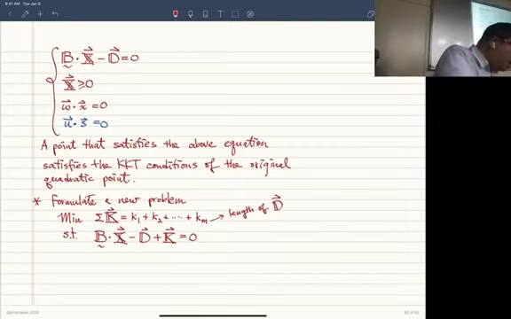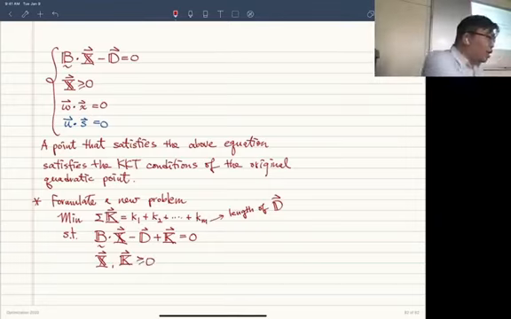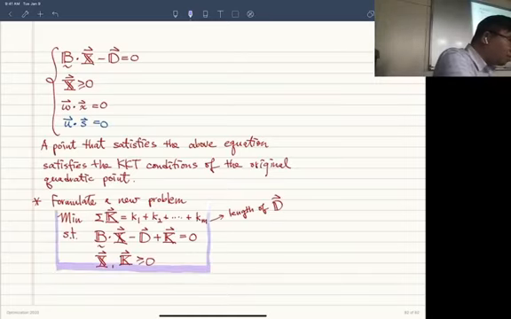And what else? All the x must be positive, and also all the k must be positive. Okay. So this is a solvable problem by LP.